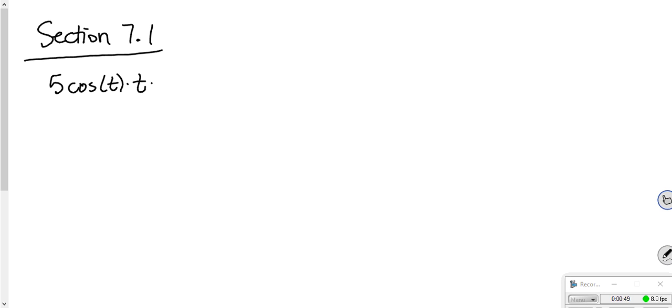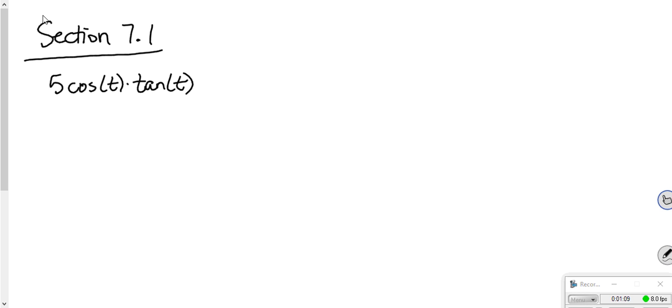Here we go, section 7.1. First problem, 5 times cosine t tangent t. Now, the trick to these is you want to rewrite any of your trig functions that you possibly can using sine and cosine. So obviously cosine is fine, but the tangent function we can rewrite as sine over cosine.